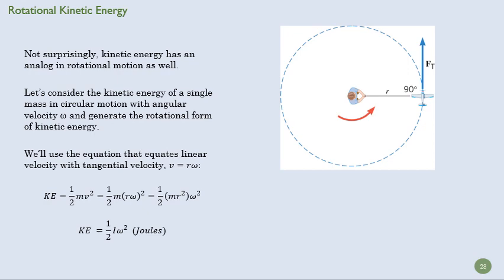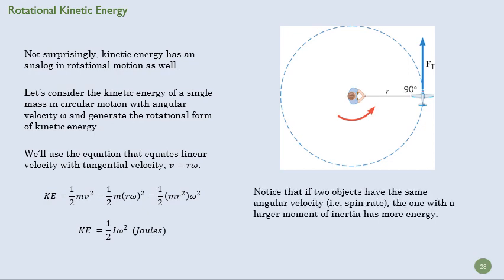So instead of KE equals half mass times velocity squared, here we have half moment of inertia times omega squared, our rotational mass I and our rotational velocity omega. So when we think about this in terms of energy, if we have something that's spinning at the same rate, if it's got a bigger I, then it has more energy, which makes sense, right? Because it took more energy to get it spinning at that same rate because it resisted our rotation a lot more.